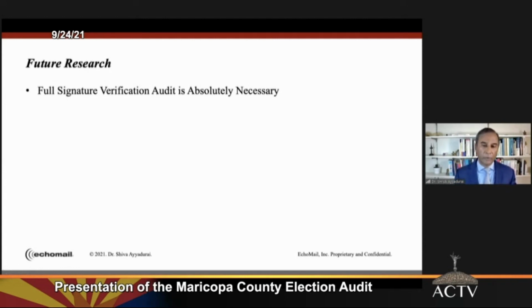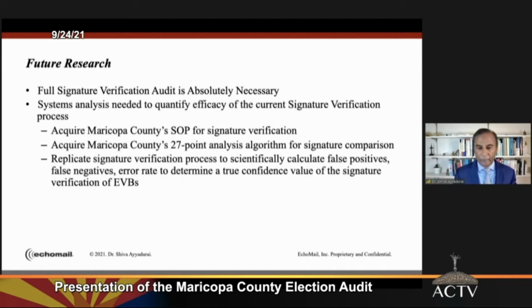So the future research we believe is absolutely necessary is a full signature verification audit, which means doing the full 27-point analysis. We have the capability right now; we have everything imaged. If we acquire Maricopa's SOP for signature verification, if we can get their 27-point analysis algorithm, we can replicate all of this and, using their algorithm, define an actual false positive, false negative error rate.